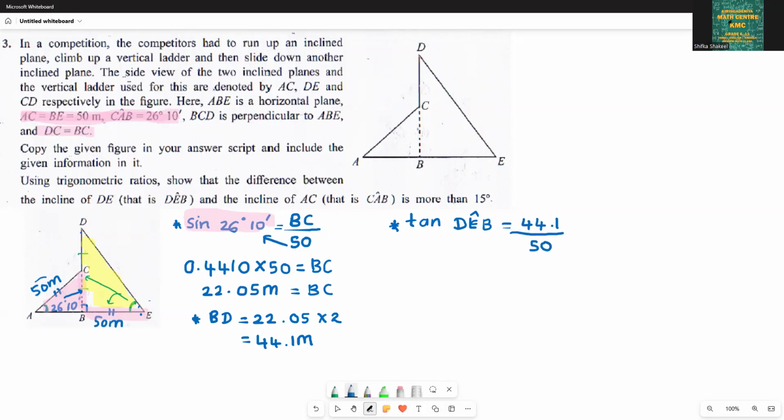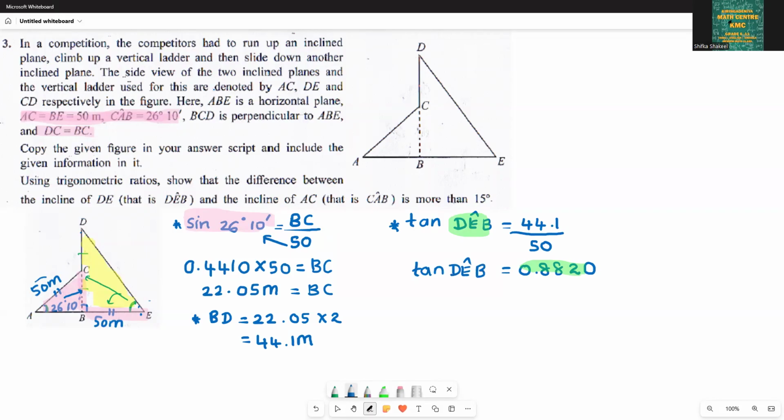If you divide, you will get 0.882. We have to check this value in the tan table, so we make it a 4-digit number by adding a 0.